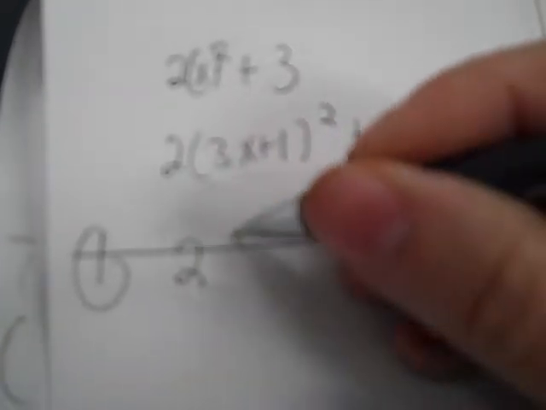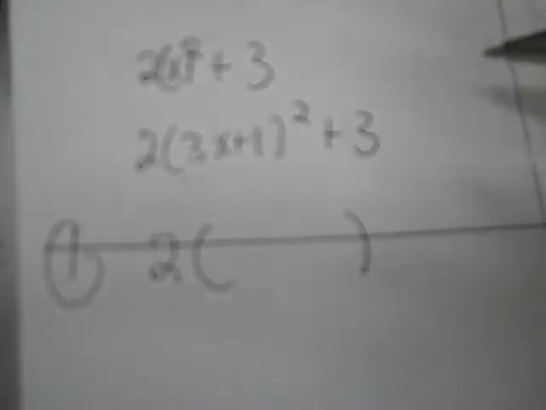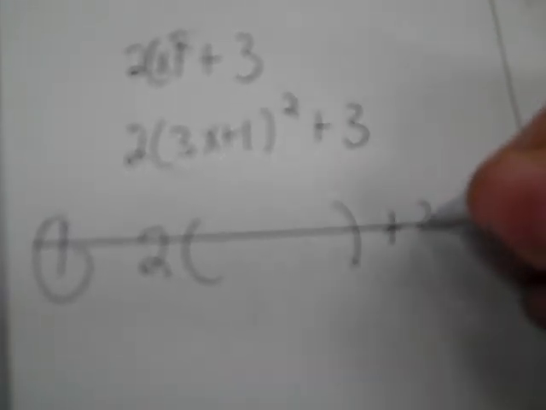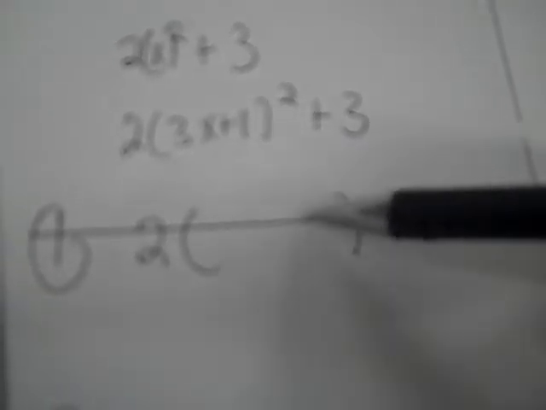Now you're ready to simplify using your 1, 2, 3 process. Now you have a power that belongs to the entire parentheses, so you write 2, make another parentheses wider, and then leave the second power, and then add 3. Now to figure out what goes in there, you need to duplicate that, and then FOIL it.